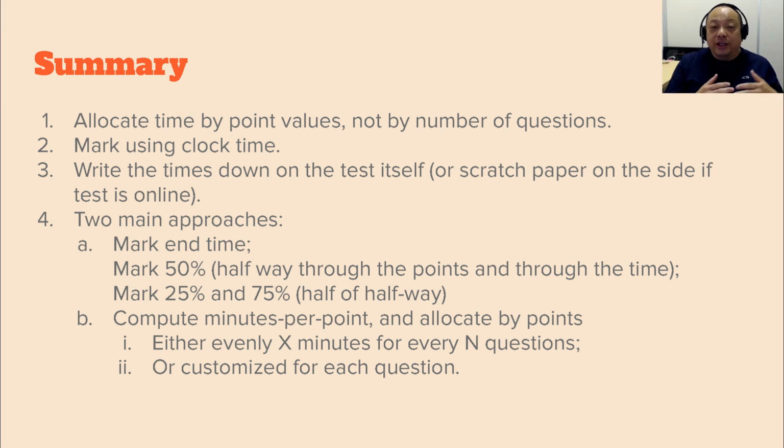If the questions are all equal point values, then arrive at so many minutes for every group of n number of questions. But if the questions are not all equal point values, and especially if there are only a few of them, give each question its own customized time.